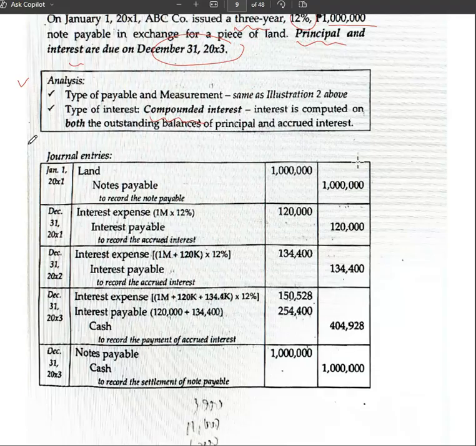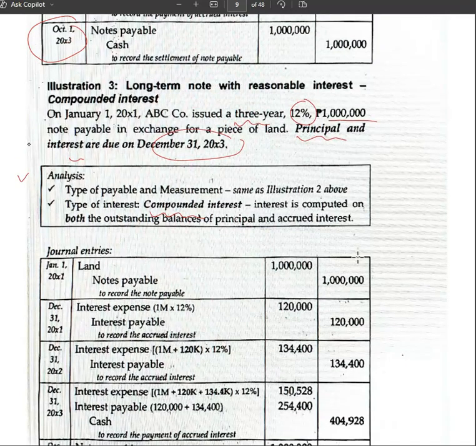Okay, so first, how do we make the journal entries in this one? Since the stated interest is reasonable, at the initial date the initial measurement is at face value. Therefore, the land is also at face value.